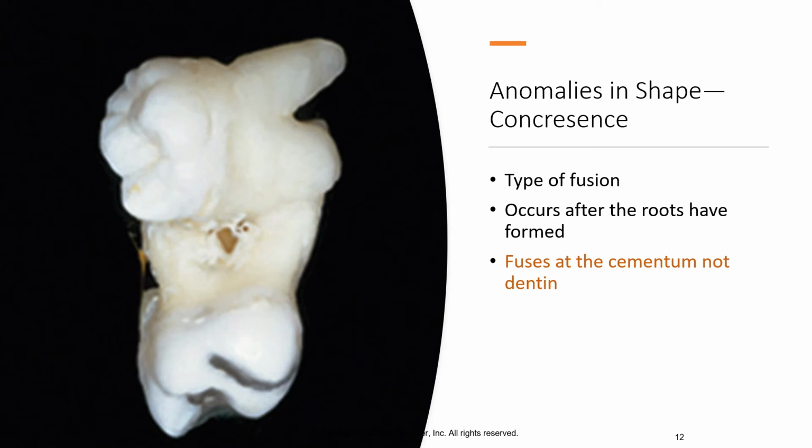Okay, so as they're forming, this is going to happen. And it's thought to sometimes occur due to trauma in the area. So concrescence, the biggest thing to know about this is that it does happen at the cementum, not the dentin. So I always think concrescence starts with a C, cementum. Okay.